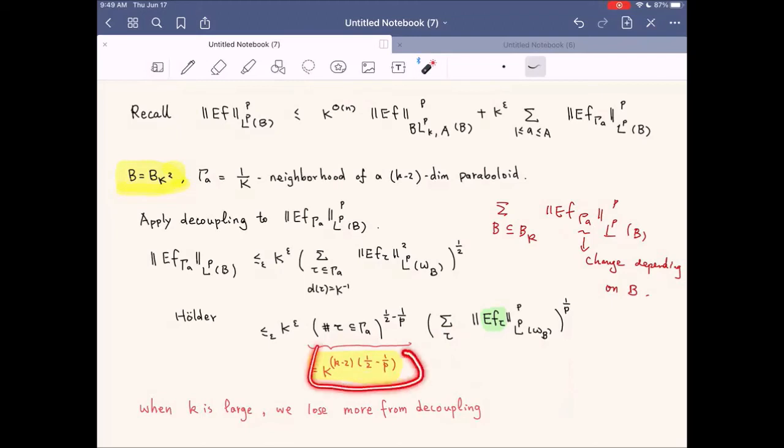When I say it's a gain, it's good when this little k, when we define the k-broad LP norm, is small, because this quantity is small. In particular, when little k is 2, this quantity is 1, so it's super good. But when little k is large, we will lose more from decoupling.